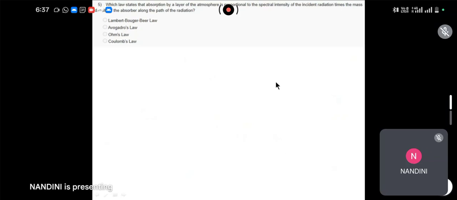Now, the question is which law states that the absorption by a layer of the atmosphere is proportional to the spectral intensity of the radiation times the mass density of the absorber along the path of the radiation.